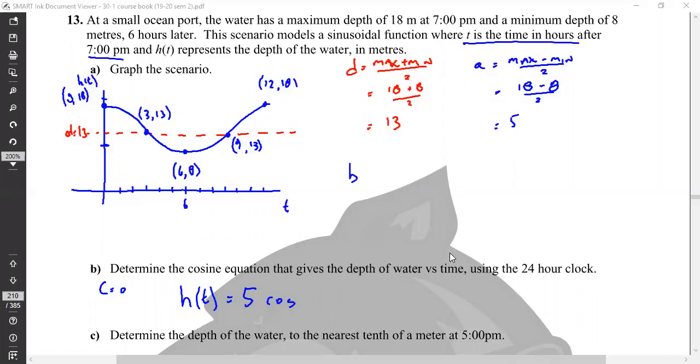And how do we find b? b is equal to 2 pi over period, which is 2 pi over how long does it take to do one full cycle? It is 12 hours. So b is equal to pi over 6. So 5 cosine pi over 6 t. And then the last part is d is our median line of 13 meters.